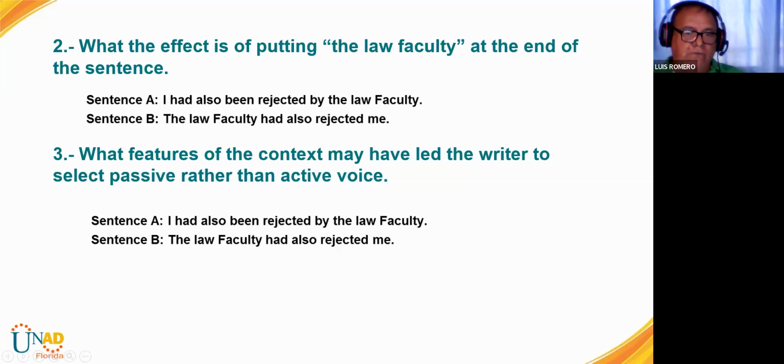Those aspects are analyzed by functional grammarians or by functional grammar. So here you can see that it is considering meaning rather than the structure of the phrases, the structure of the sentences.